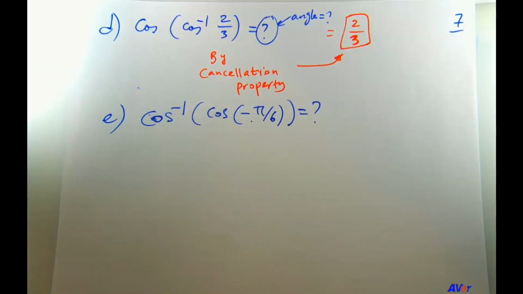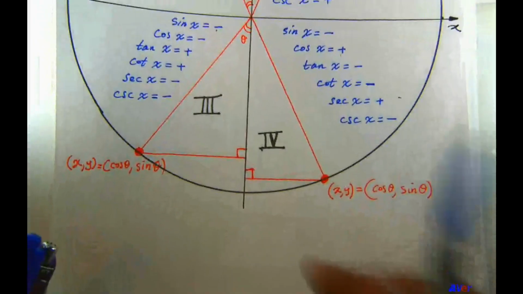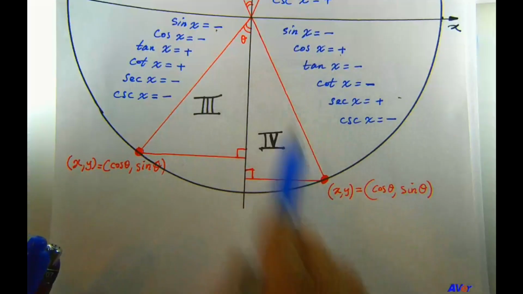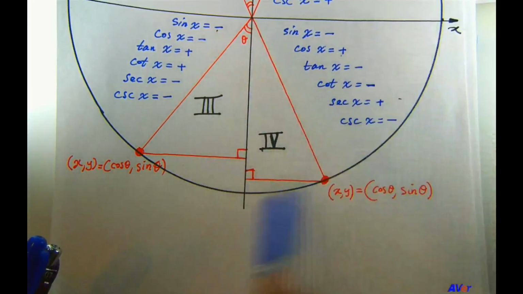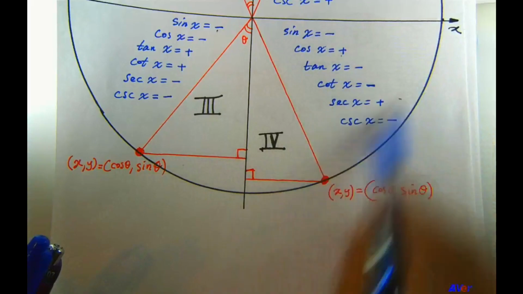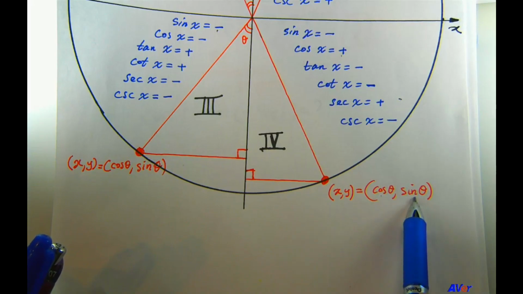Let me make sure that everybody follows this. It's positive because the terminal point for any angle in the fourth quadrant has cosine of theta as the x value and sine of theta as the y value, right?